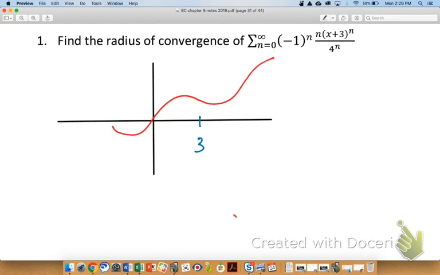So this right here is the real function, and we are trying to approximate that function with this Taylor polynomial. It'd be a Taylor because it's centered at 3, right?